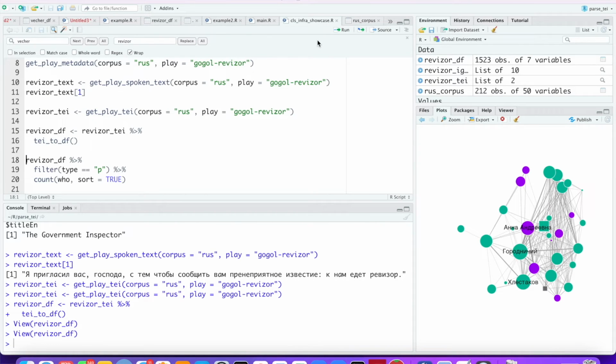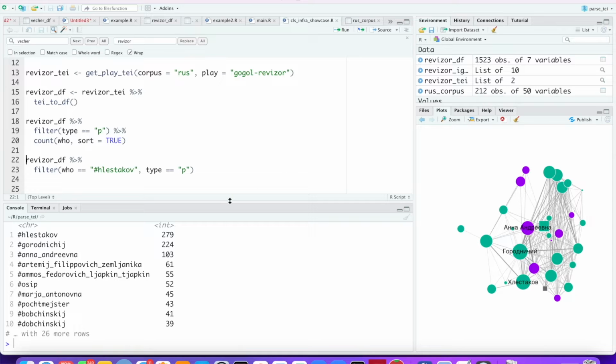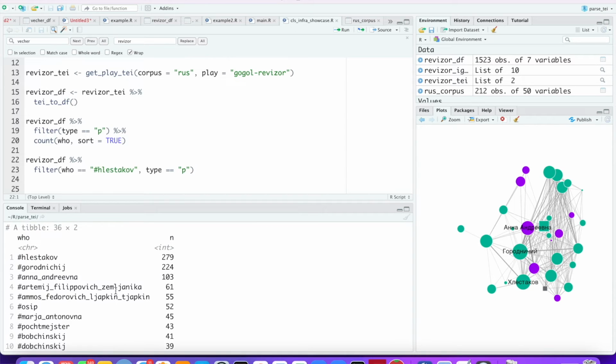So whatever you can do in R using tidyverse or data.table or base R, what you can do with data frames, you can do with the text from the Drakor package. For example, I want to calculate the number of lines for every character in the play. I want to take only spoken text, not stage directions. Or I can explicitly say that I don't want stage directions.